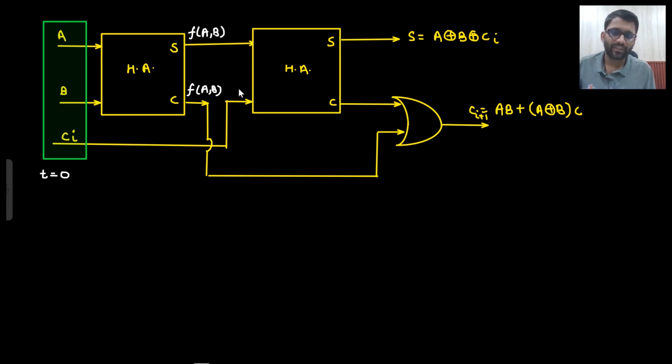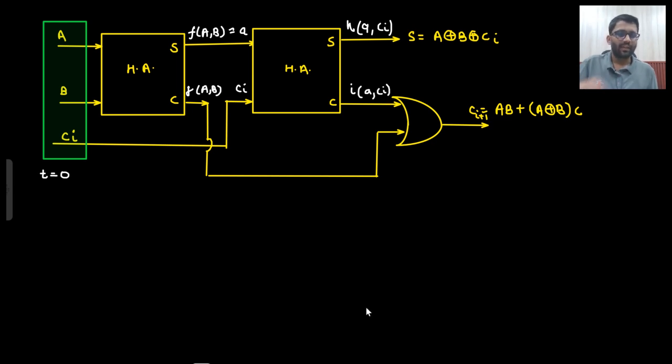Now, this is your Ci. And I am calling this output as a variable, say X. So this sum will be a function of X and Ci. And this carry will be a different function, so I should denote it with G, and this I should denote with H. This will also be a function of X and Ci.